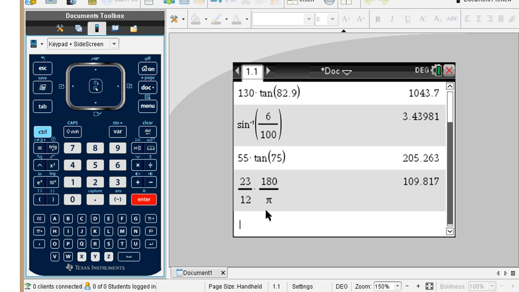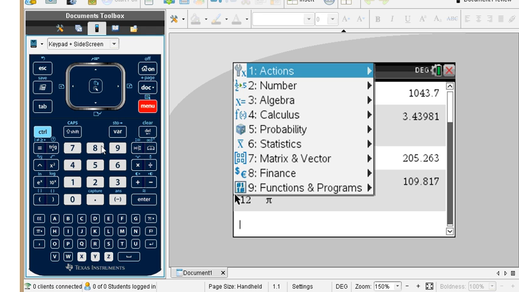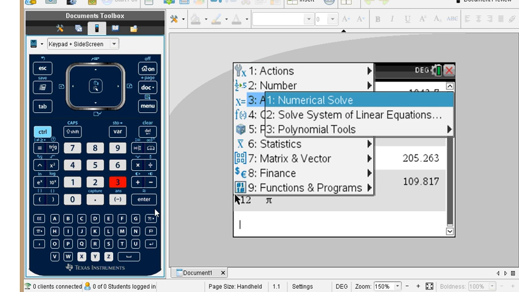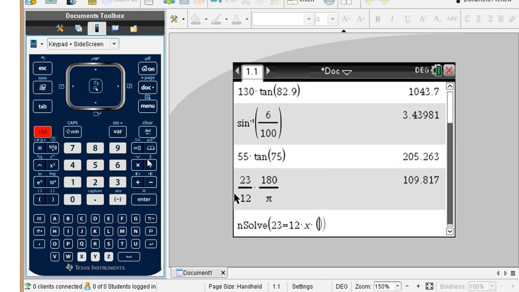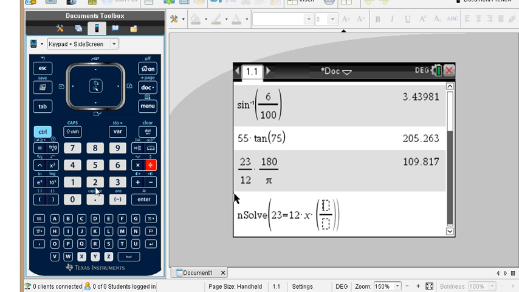And if we just did numerical solve from our original situation, I'm going to put that original equation in here. I'll go to menu, algebra, numerical solve. So 23, which is our arc length, equals 12, which is our radius, times theta, which we don't know, times pi over 180.